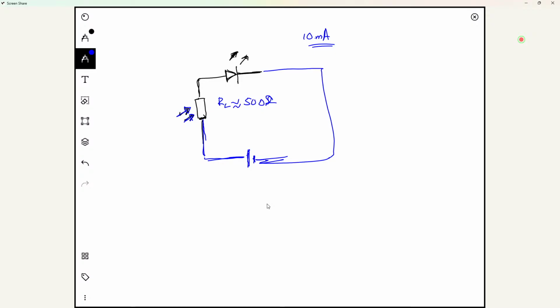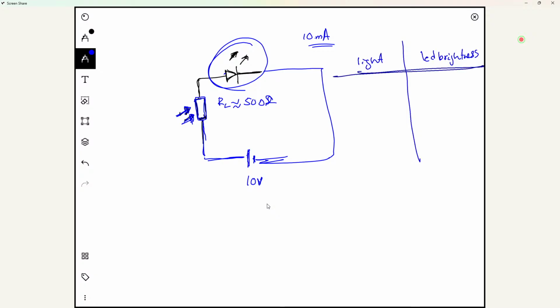All right, so let's put 10 volts here. We will apply 10 volts to the LED through the LDR, and we will vary the light falling on this device to see what happens to the LED. There are two cases here. We have light and LED brightness. Let's consider the impact.